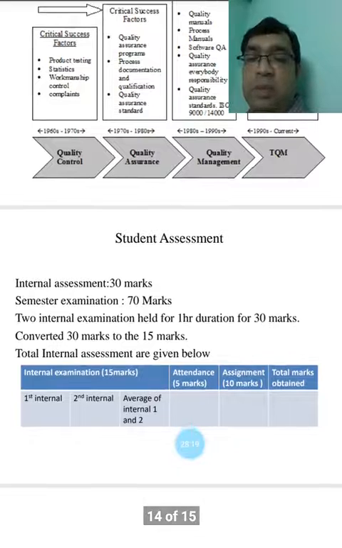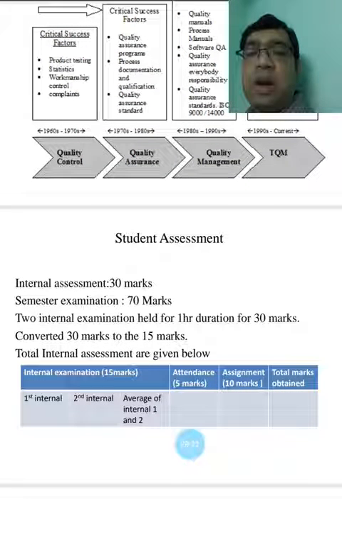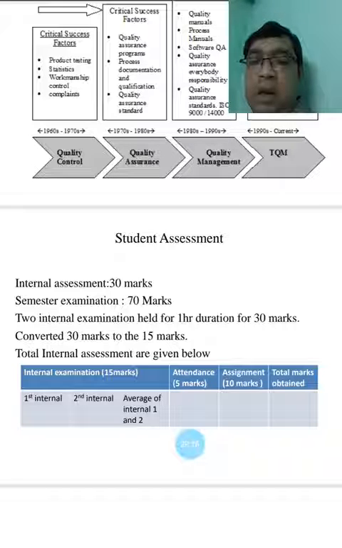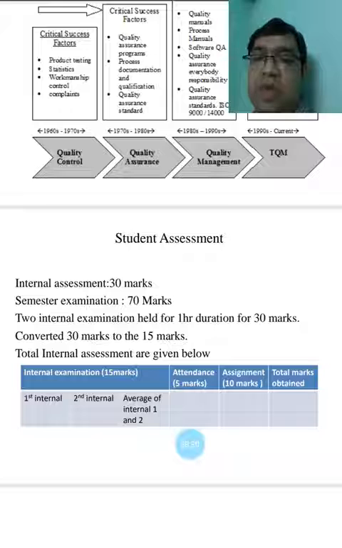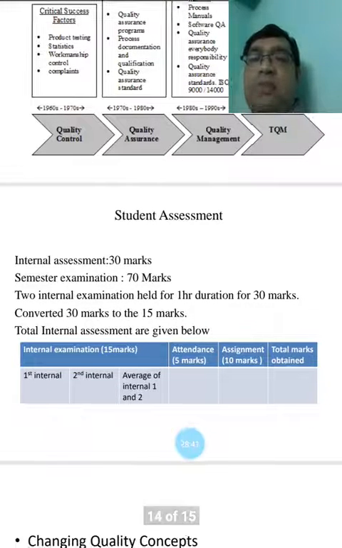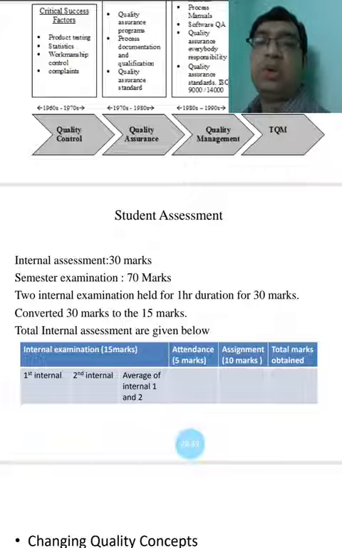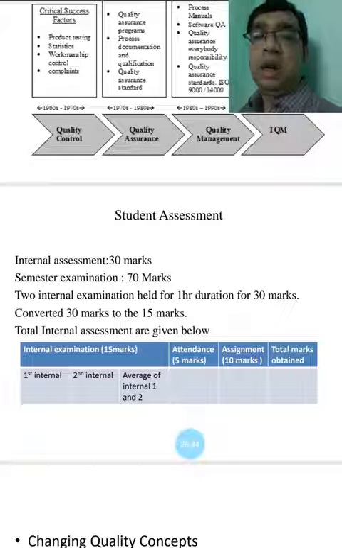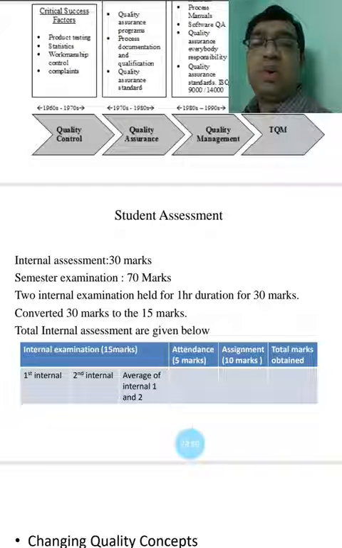During this time the 30 marks are converted to 15 marks, and this 15 is taken as the internal marks. That means we take the average of the first internal and second internal. Attendance is given 5 marks, because if a student attends class regularly they obtain the 5 marks, and the assignment is given 10 marks.